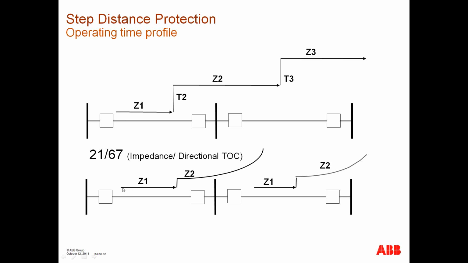What some people also do, particularly on sub-transmission lines that have a lot of tapped distribution load or tapped customer connections, rather than a conventional Zone 2 may have a time overcurrent characteristic, because on the tap load that may exist over here, you just may have time overcurrent relays. So you would want to coordinate that with the time overcurrent relays that are on this side of a tap load here.